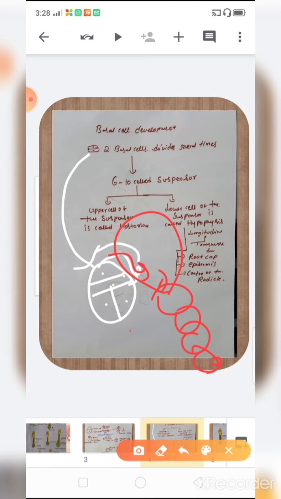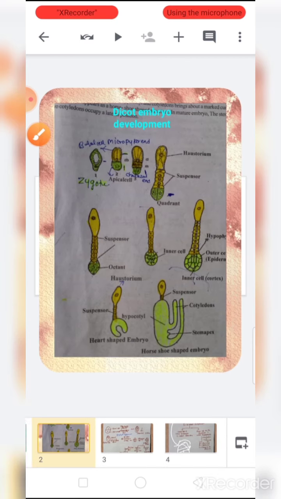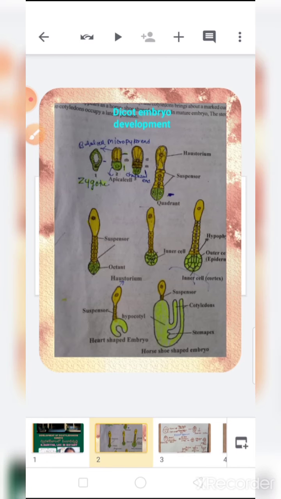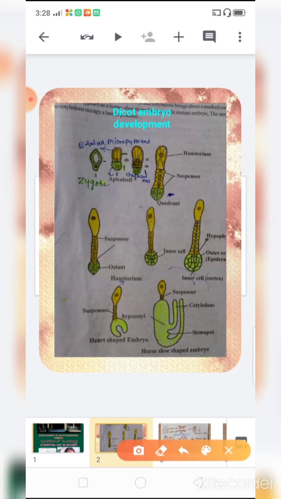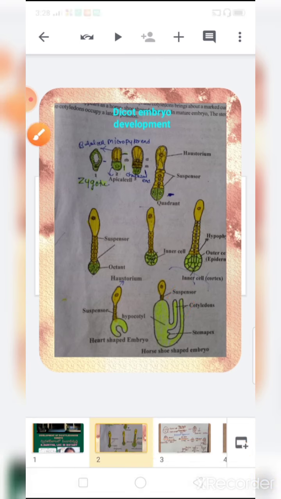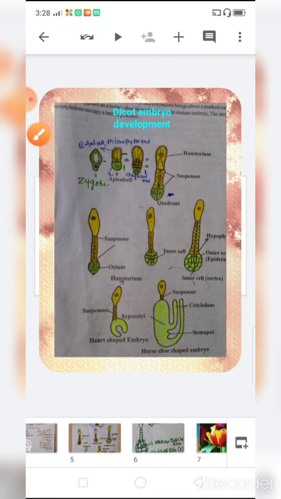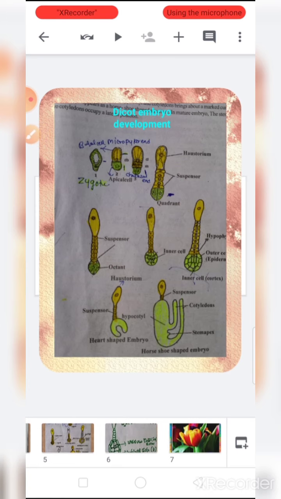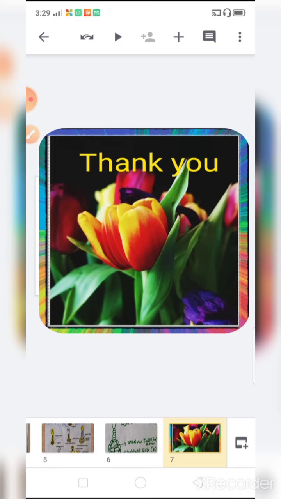In the mature embryo, the stem tip is terminal and the two cotyledons occupy a lateral position. This is about development of dicot embryo. Thank you.